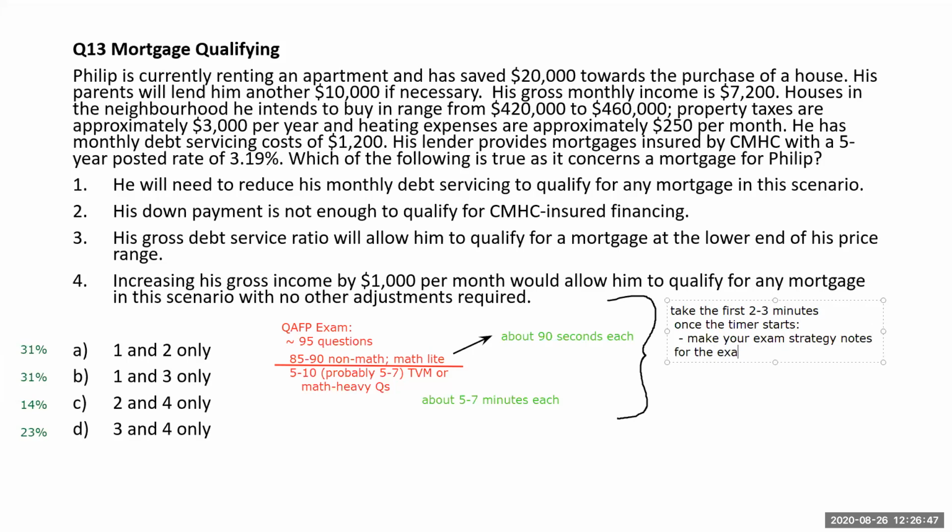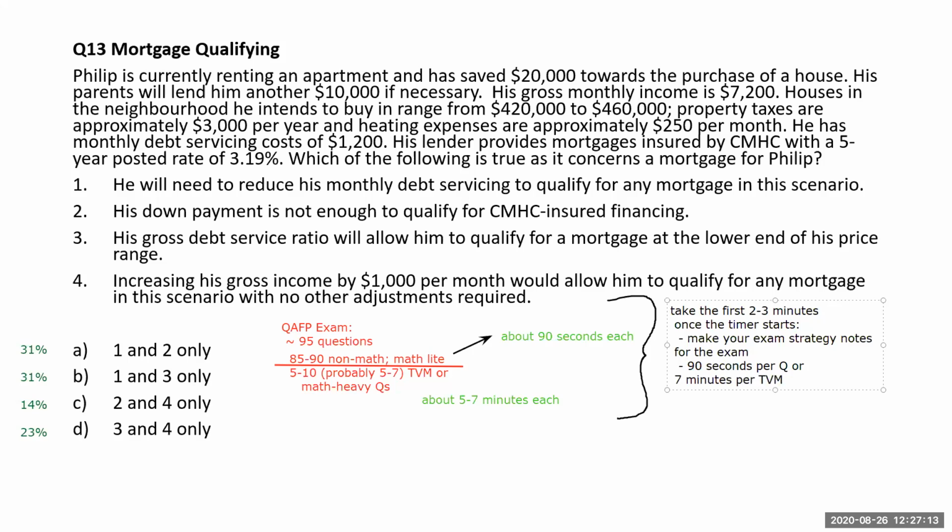You write down everything that you know you're going to do during the exam. I know some of you have heard me talk about this before, but you're going to do things like write down your time management strategy. So write it down how I just said it: 90 seconds per question or 7 minutes per TVM question.